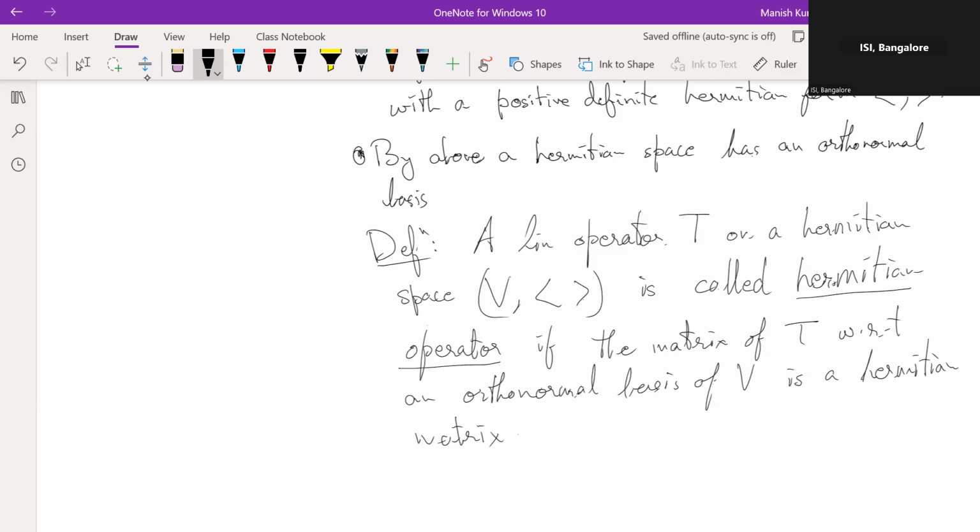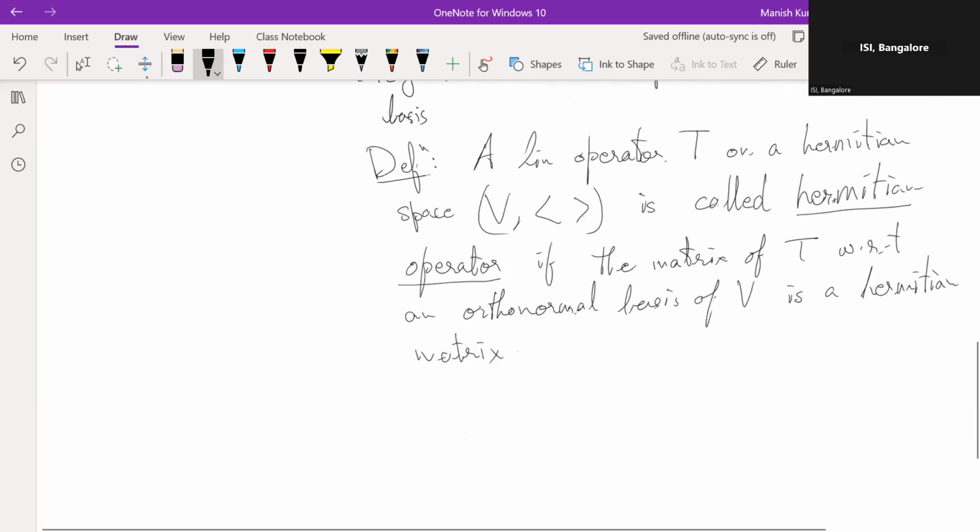First we should also check that this is well defined, because if I take a different orthonormal basis, then maybe the matrix with respect to it may not be Hermitian. But that can't happen. So, a remark: why is this well defined?